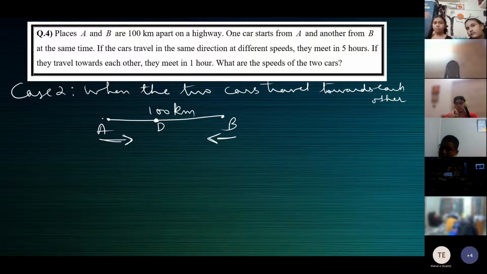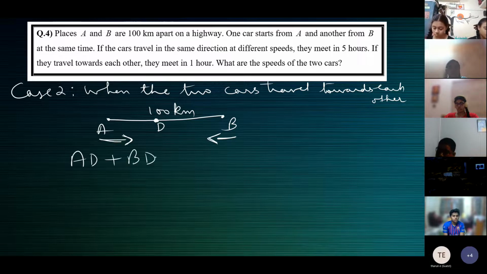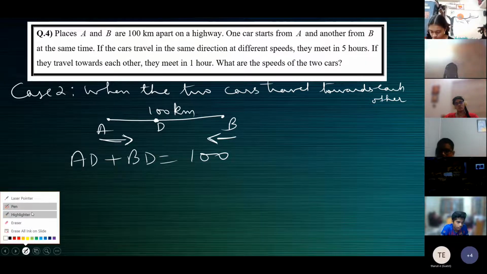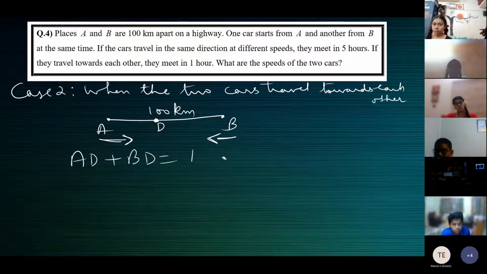Now we know the distance between A and B is 100. Now the equation we get is AD plus BD is equal to AB.